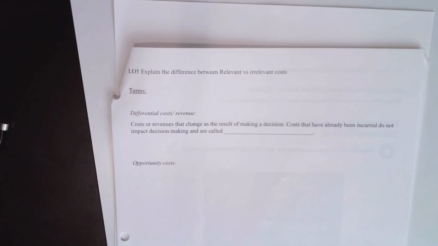Okay, so I think you guys read about this. The whole point of managerial accounting is so that we can make decisions. And so there's a couple terms associated with that. One set of terms is relevant versus irrelevant costs. If something's irrelevant, it doesn't matter.